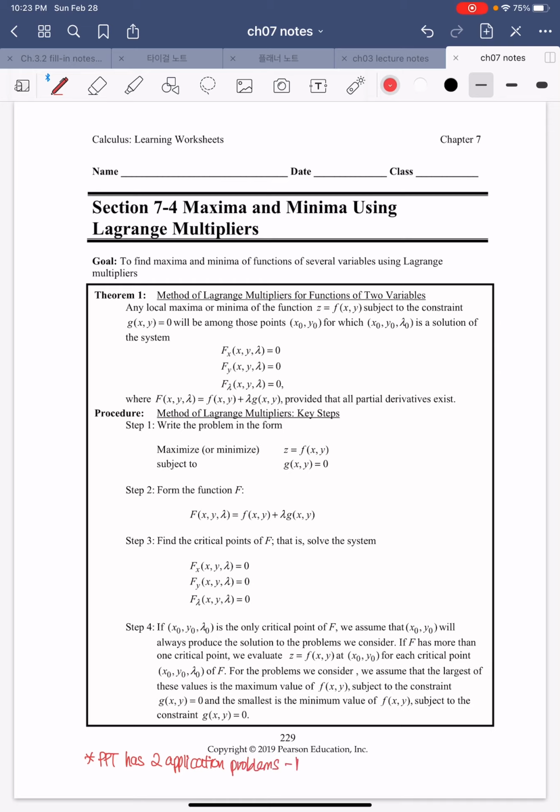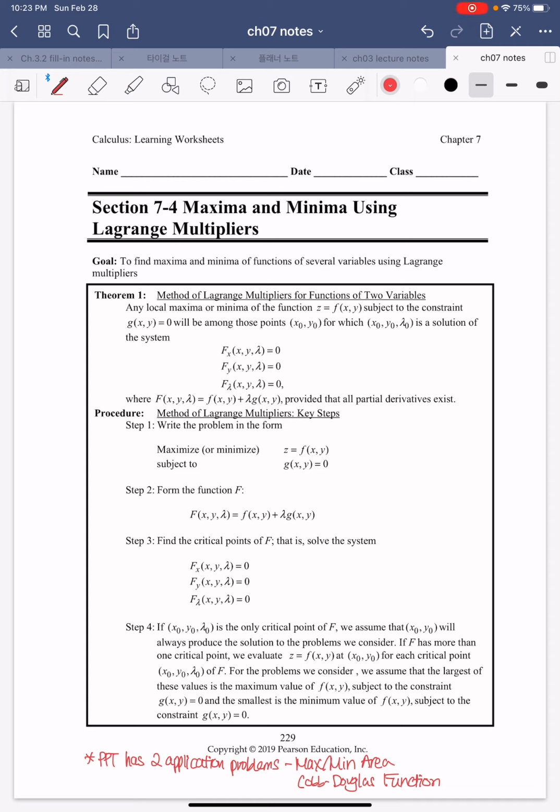One is maximizing or minimizing some area, and there's a Cobb-Douglas function. Both of these are also part of the homework, so you can look at the PowerPoint and see how they approach the problem.